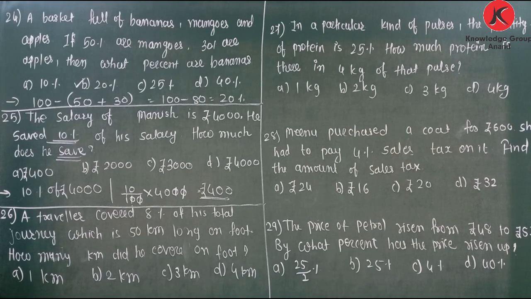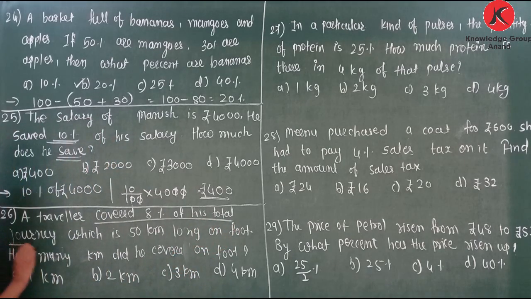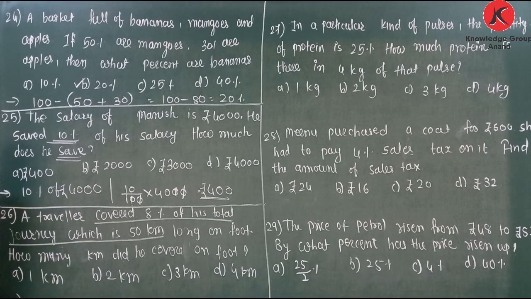Next, a traveler covered 8% of his journey on foot. Total journey is 50 km. How many kilometers did he cover on foot? So here, 8% of the total kilometers, that we need to find.